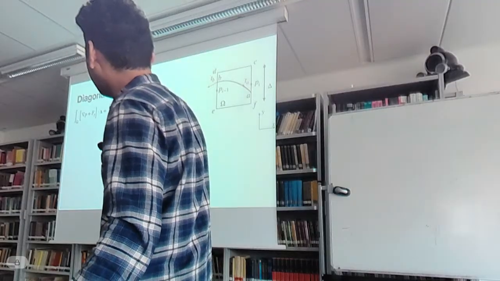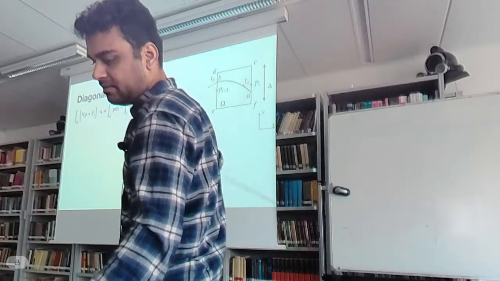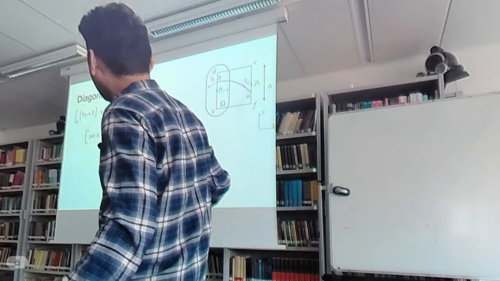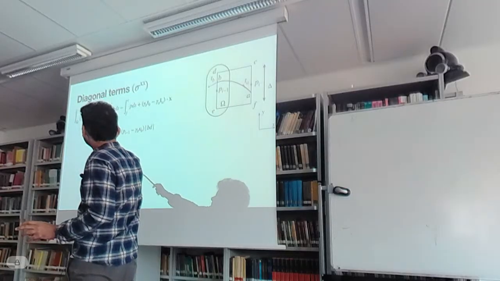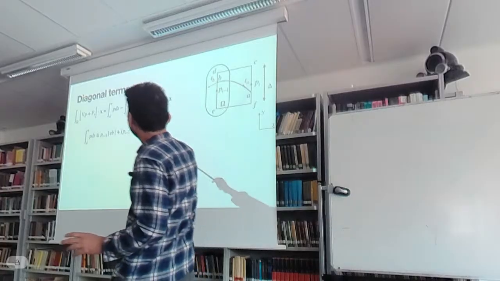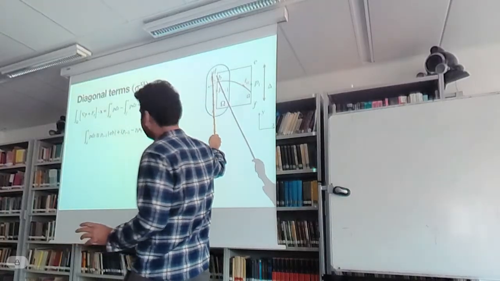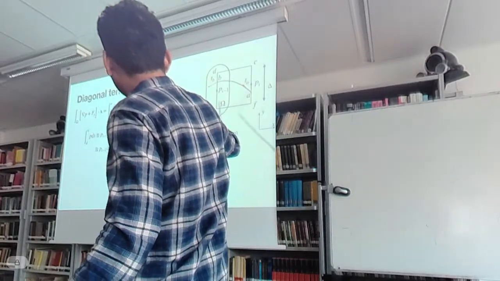But you have to be careful because this pressure is not constant everywhere. It is jumping due to the Laplace. So you have to take an average of this pressure. So it's P in this side times this length plus the jump in Laplace times this. And similarly for the other cell, you have to do the same.